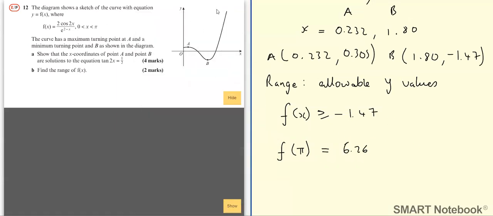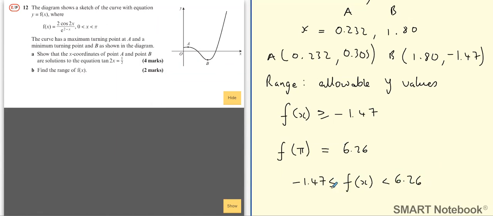So the largest y value is 6.26, but we include minus 1.47. So what we have to say is f of x is greater than or equal to minus 1.47, because that actually is part of the curve. But we have to go slightly less than pi. It doesn't quite reach 6.26, so it's going to be less than 6.26.